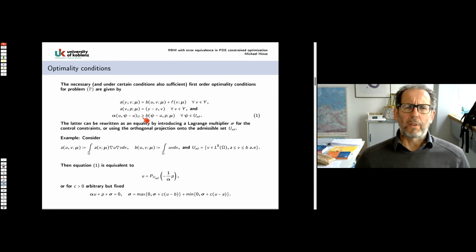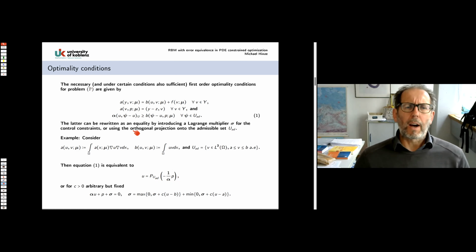If I rewrite it in our example setting, one sees that this inequality can be rewritten as an equality involving the orthogonal projection in U onto the set of admissible controls of -1 over alpha times P, where P is the adjoint state. And this is, of course, in general a non-differentiable operator, for example in the case of box constraints, but it's an equality constraint which can be dealt with numerically by classical variants of the Newton method, the semi-smooth Newton method.